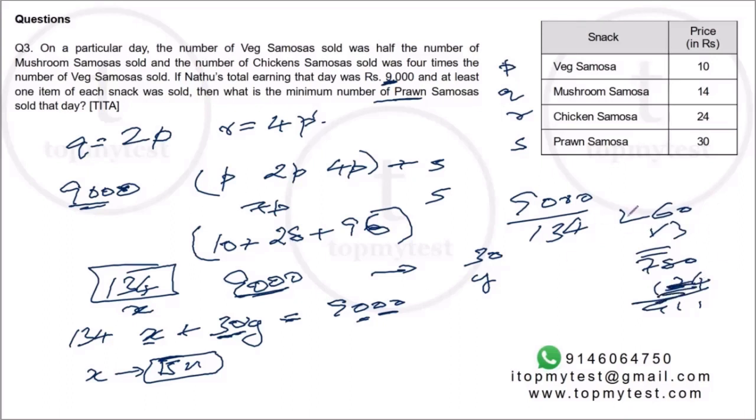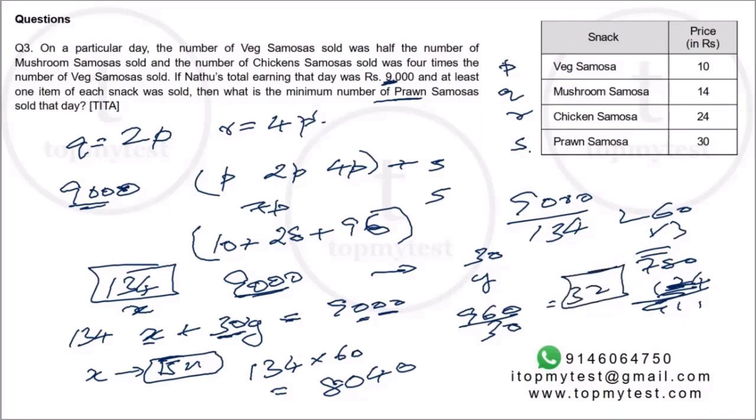If I take into 2 into 3, so into 6, 60 times, if you multiply 134 by 60, what will we get? 8040. So the balance will be 9000 minus 8040, that's 960. 960 divided by 30 will be 32 prawn samosas sold.